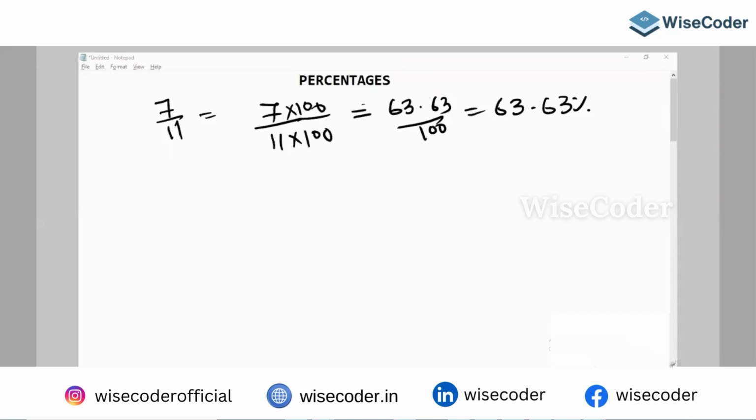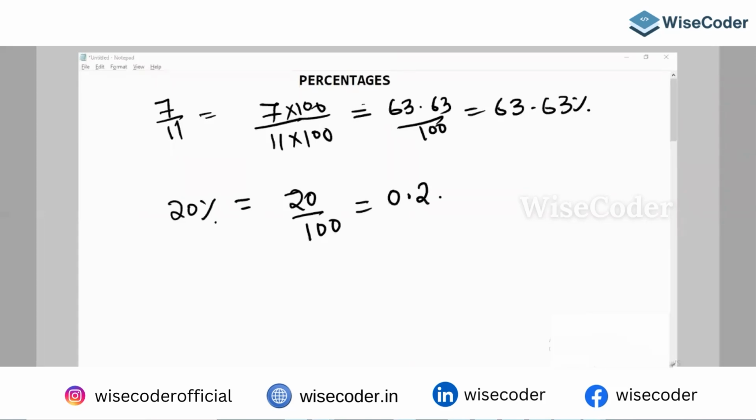What you need to understand here is that a percentage can also be represented as a decimal fraction. In such a case, it is effectively equivalent to the proportion of the original quantity. Let's take, for example, 20%. Can I write this as 20 by 100? That is nothing but 0.2.